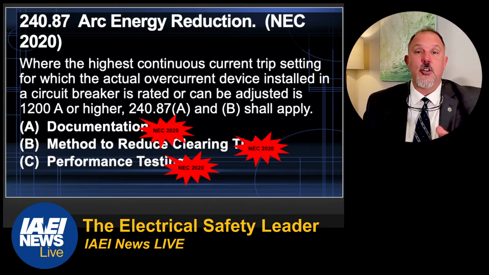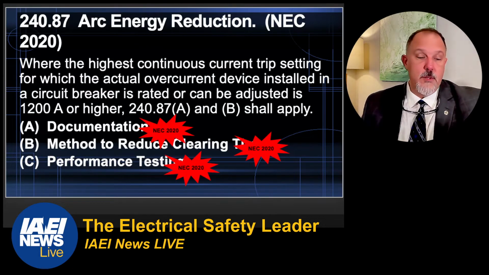Just like with ground fault protection of equipment, when you install GFPE for the service, 230.95, I believe, is the appropriate section, it tells you to test it on installation via primary current injection testing. That tests the CTs, makes sure you have the right polarity, and tests the relay to make sure it will sense it.